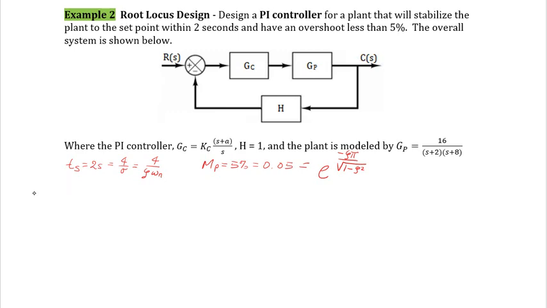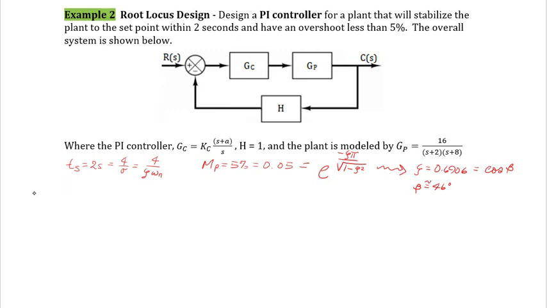And ultimately, we will go through some algebra and we'll find out that zeta is going to be equal to 0.6906, and that is equal to the cosine of beta, and beta is going to be equal to about 46 degrees.